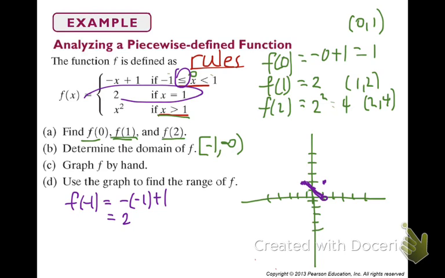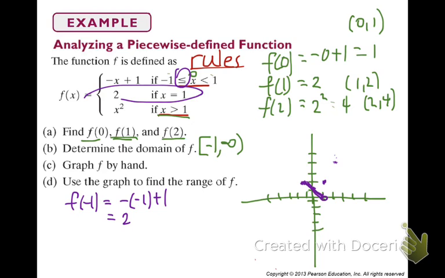Okay, let's do our last one. x squared if x is greater than 1. We already found one of those points. We found 2, 4, so let's graph that. So 2, 4, about right there.